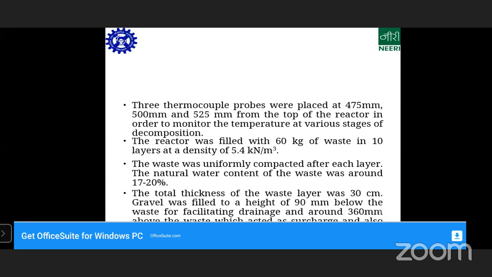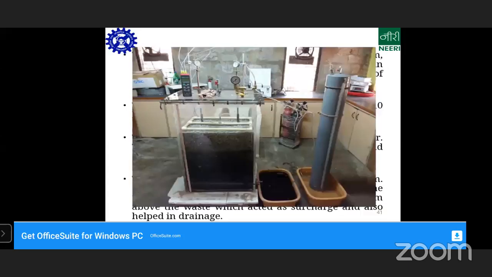Okay, so I'll tell you about an experiment that was conducted in my lab to measure all the components simultaneously. For example, a replica of the landfill setup was done in a 3-meter height setup. Here you can see the waste in between. At the bottom there is a liner, and also at the top there is a liner. So there is provision for leachate collection.